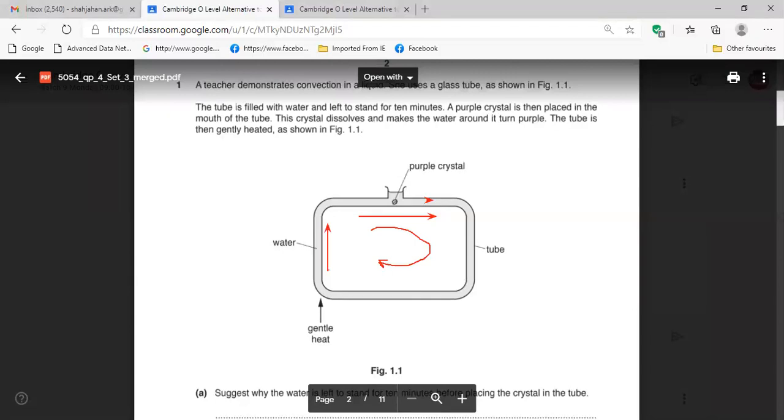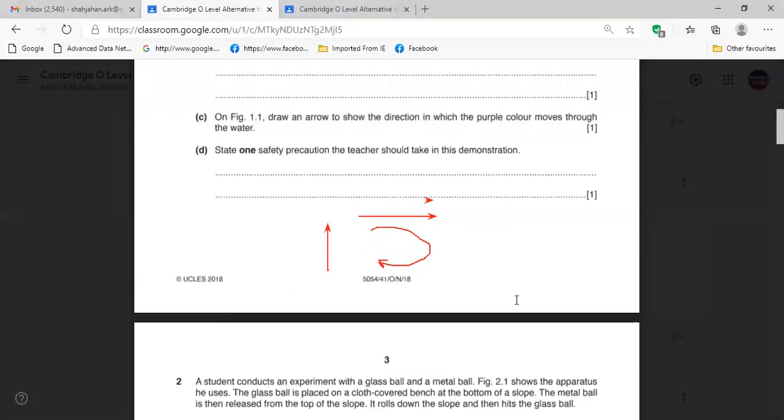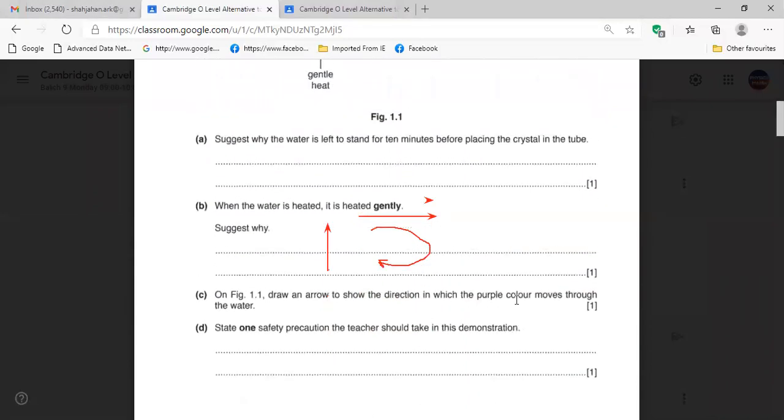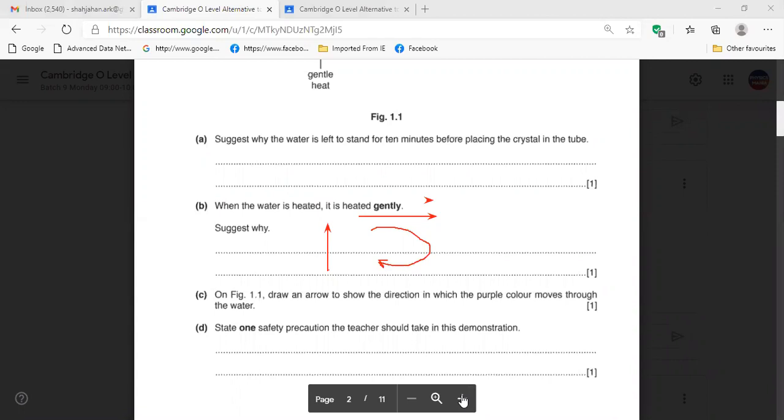And then our last part, what is given in the last part? Let's see. State one safety precaution the teacher should take in this demonstration. So this one, who can answer? Gloves.